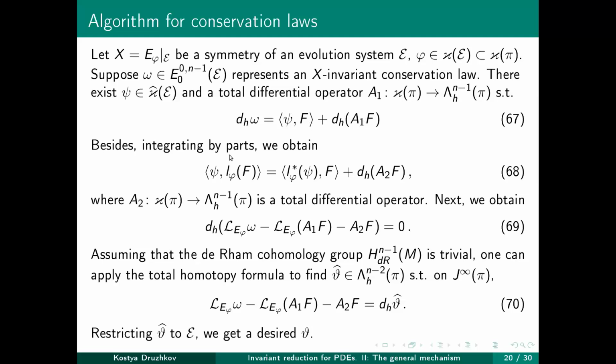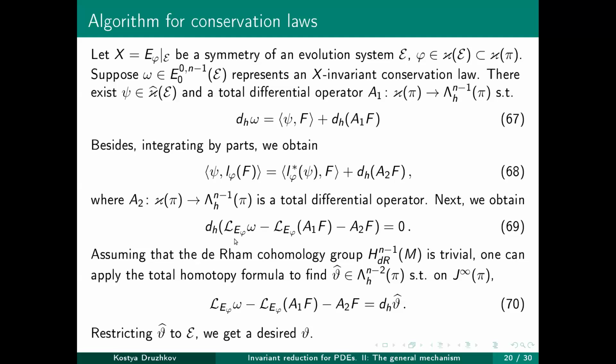And also we can use the Green formula, the Vinogradov Green formula, to obtain another interesting operator. That is, we just use the Green formula for this term and get an operator A2 from this formula. Then we obtain the following relation under formula 69. We simply apply the Lie derivative with respect to x, the evolutionary field, to the left-hand side and to the right-hand side.